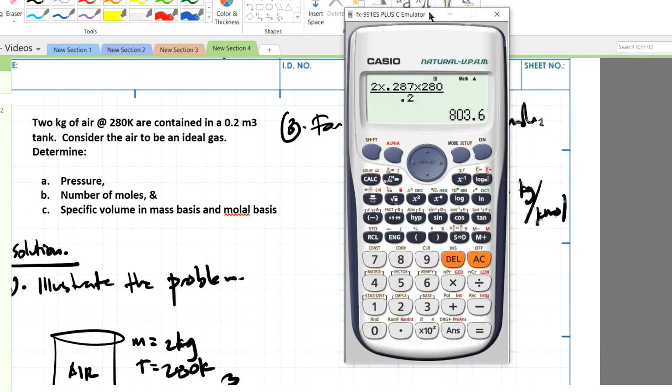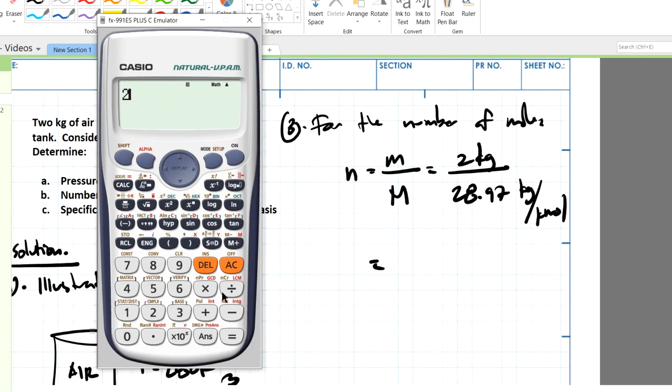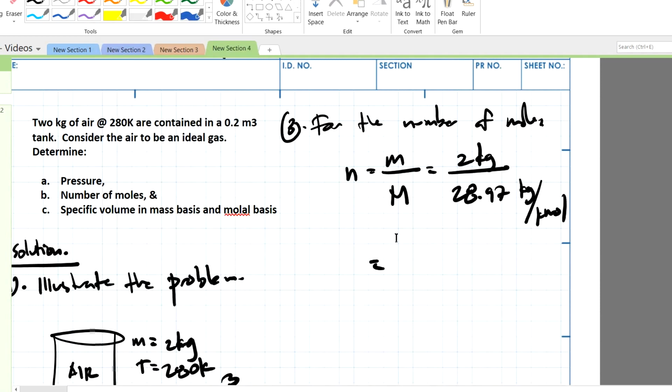So 2 divided by 28.97 is 0.069. And for the units, kg cancels out, so we have kmole.